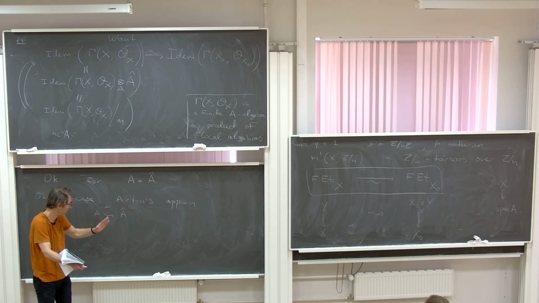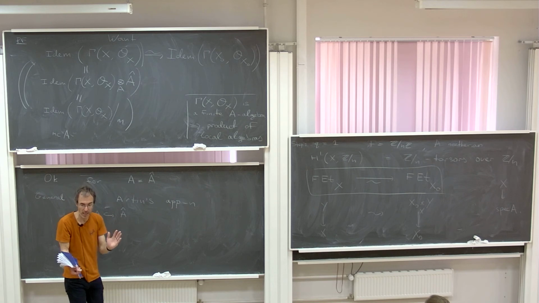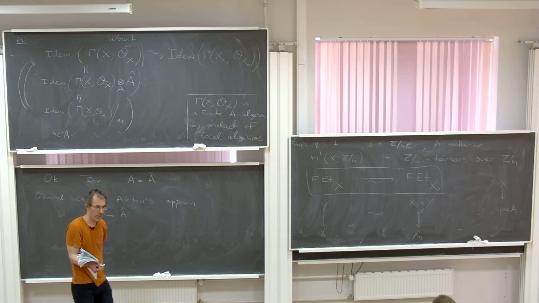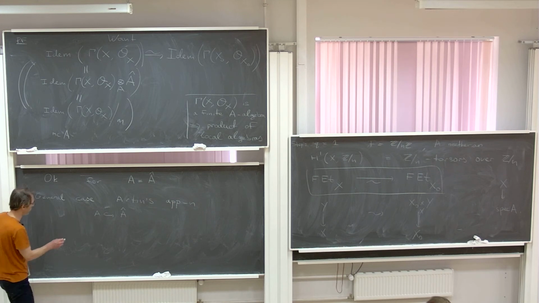That any solution in the completion can be approximated by an algebraic solution. Right? That's kind of a tricky result, which I will not prove. Let me explain how you use it.